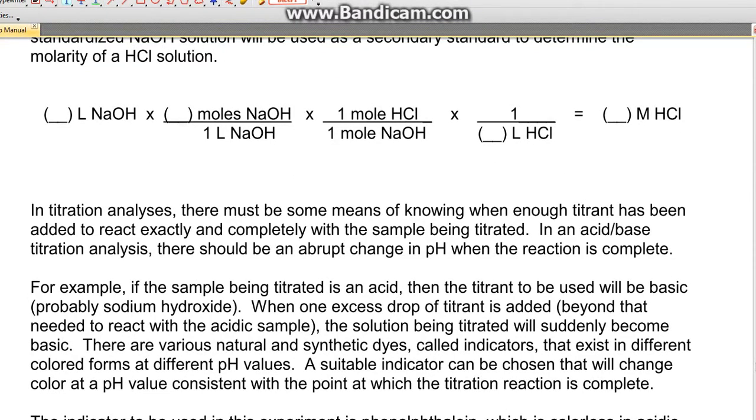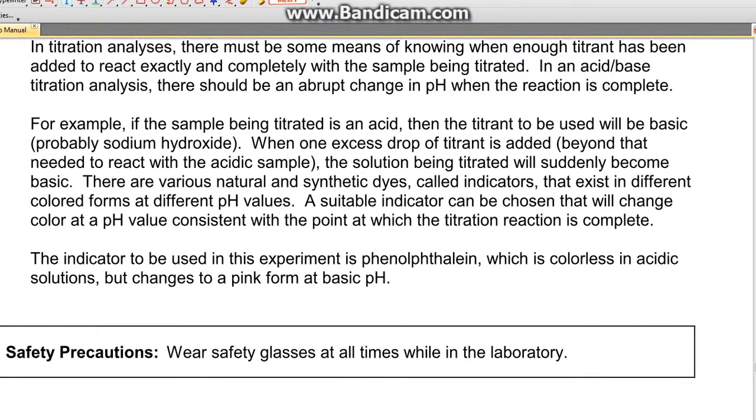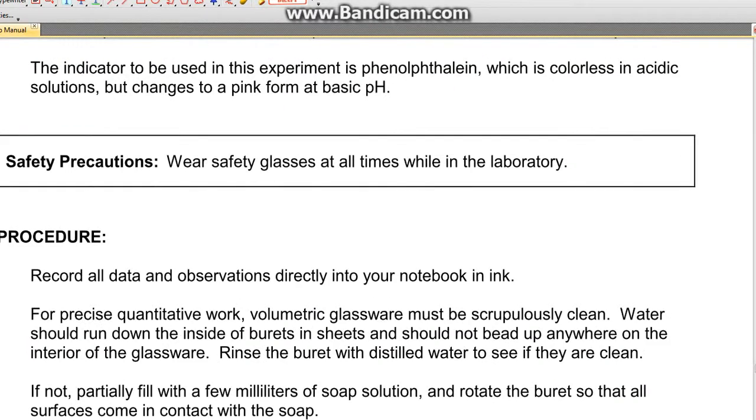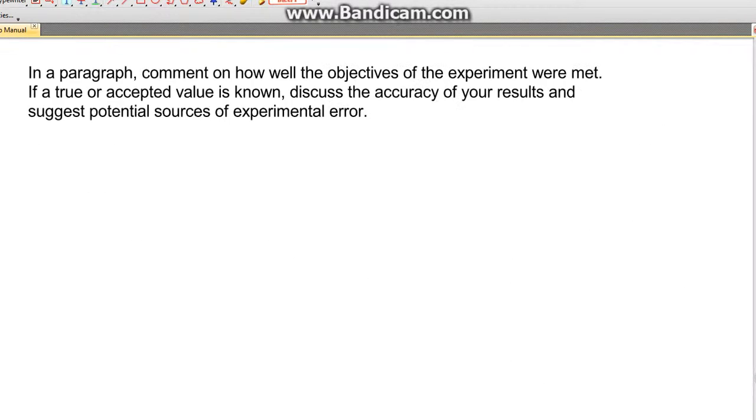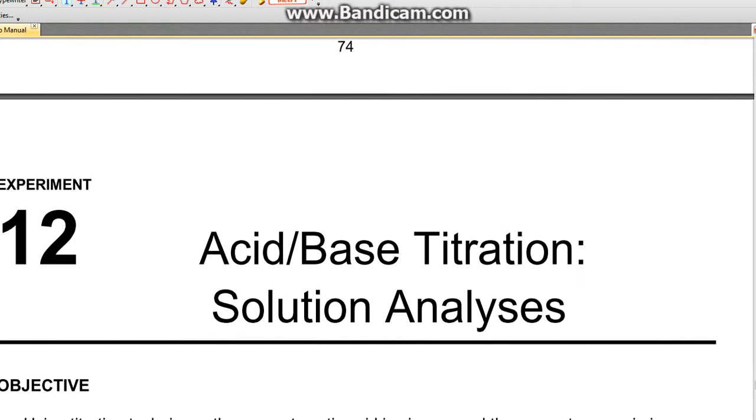So go through these calculations, make sure you understand how to do them. If you just use the units, if you just use moles of sodium hydroxide and moles of hydrochloric acid and liters of hydroxide and stuff, you should be able to solve pretty much any of these titration problems without an issue. So then that will take us to Lab 12.